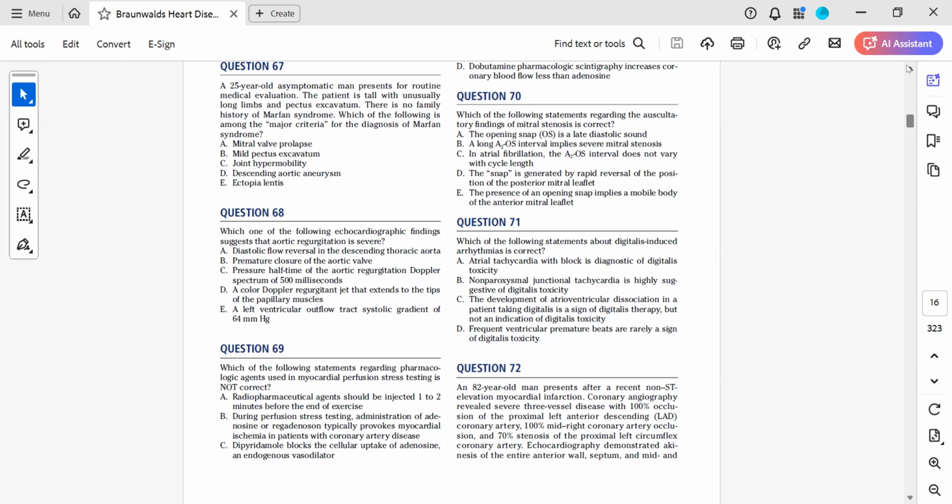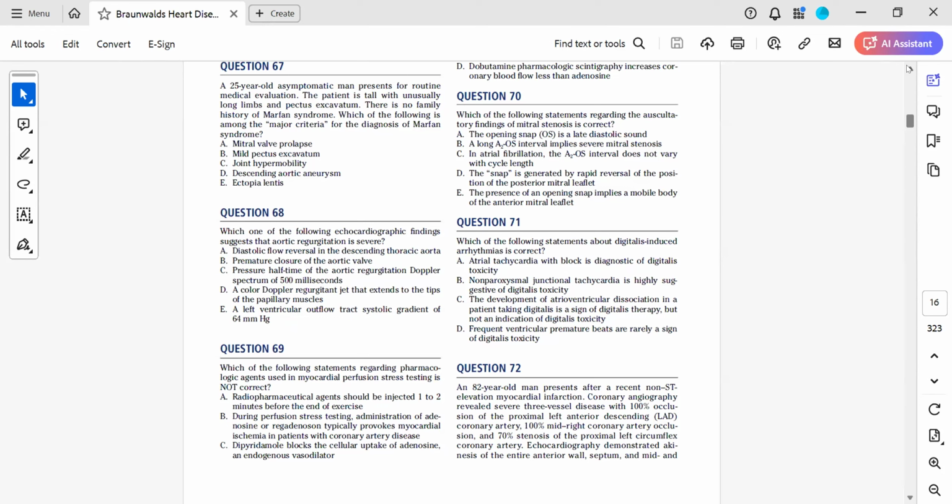I need help here, please. I don't know this. I know the last option, frequent ventricular premature beats, I don't think is right. One would see ventricular premature beats in digitalis toxicity. Development of AV dissociation in a patient taking digitalis is a sign of digitalis therapy, but not an indication of digitalis toxicity.